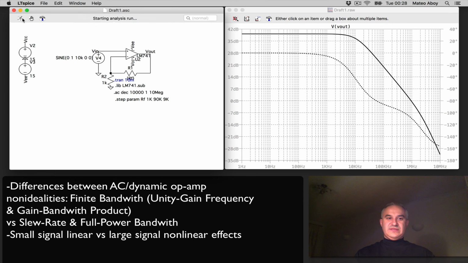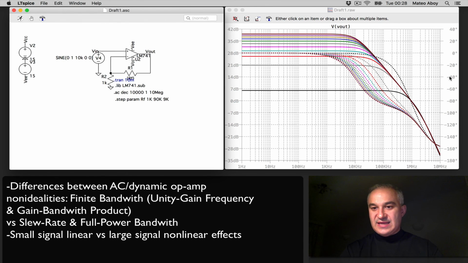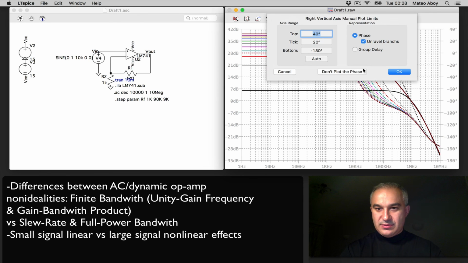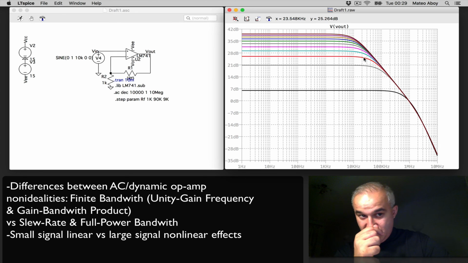So we have 11 simulations. And what we are going to see is that as we increase the gain, our bandwidth decreases. So at low gains, we are reaching close to 1 megahertz. To increase the gain a little bit over 20 dBs, 100K, and this has to do with the gain bandwidth product, right?